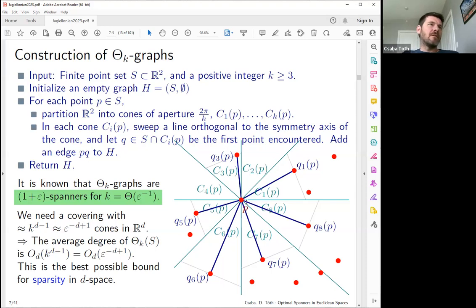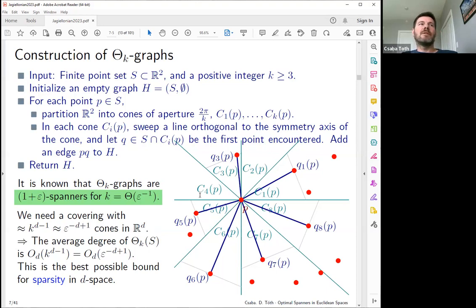The other comment down here is that I explained the theta graphs for the plane. The same idea works in any dimension. The only difference is that, first of all, it's not only a partition of the space into cones, but a covering, and the number of cones goes up with the dimension.